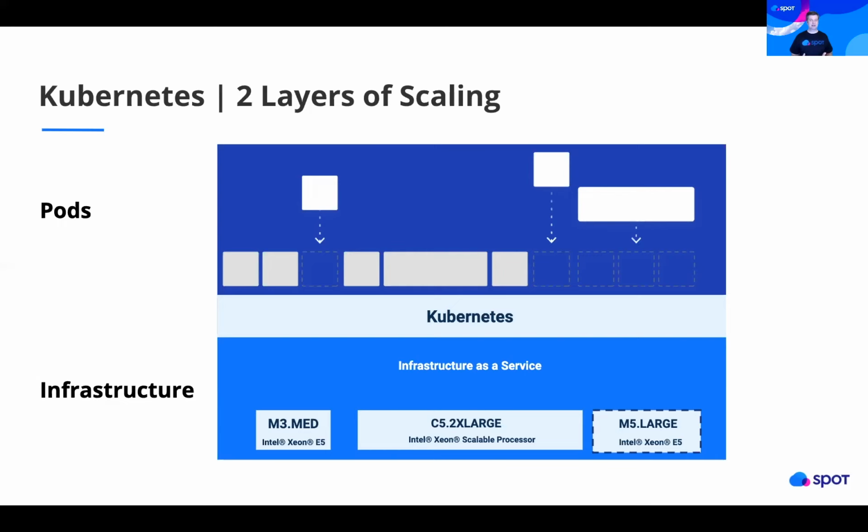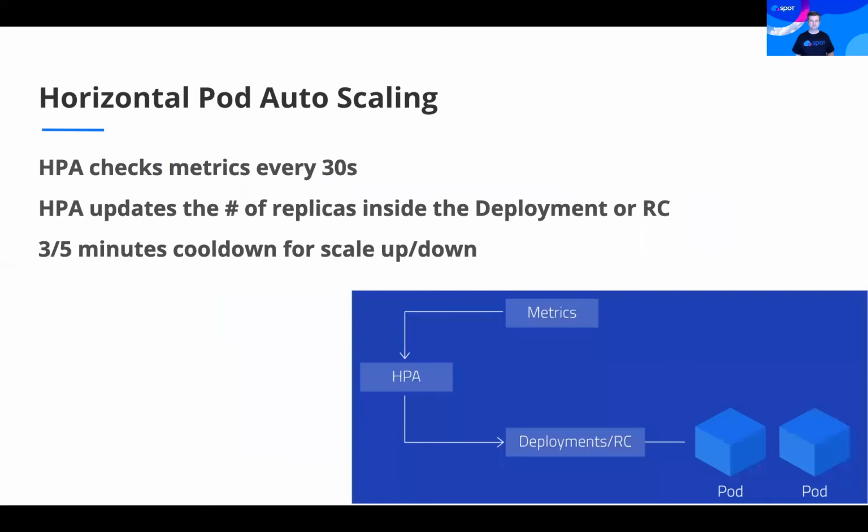Now, as these pods expand and contract, the infrastructure to be efficient should also expand and contract along with the pods. Now, there's a few caveats that happen when you're scaling pods and also need to scale infrastructure. We're going to talk about those.